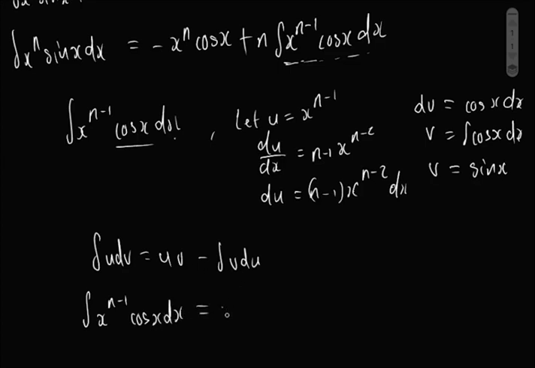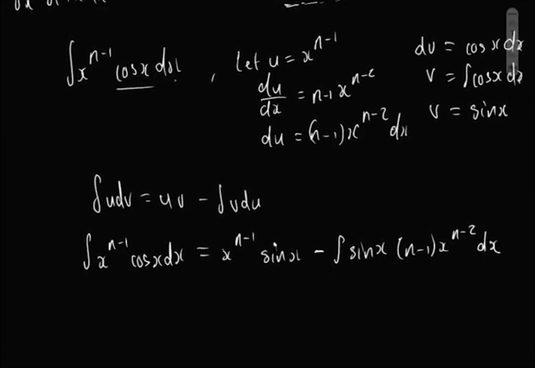It's u is x to the n minus 1. V is sine x, so times sine x. Okay, and then minus integral of v again, which is sine x, du. Du is now n minus 1 x to the n minus 2 dx. Wow.